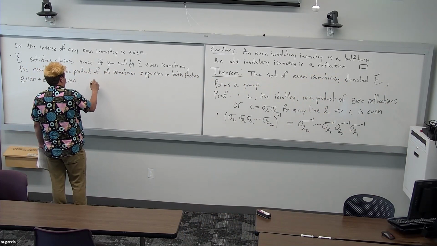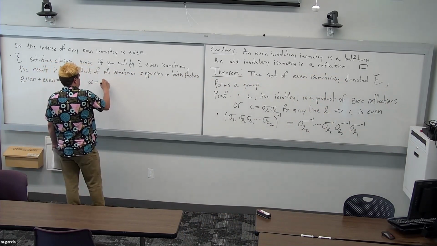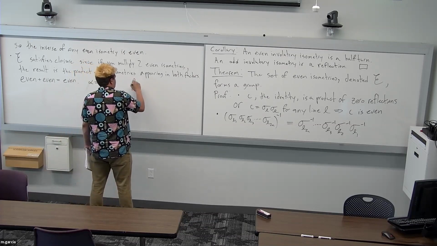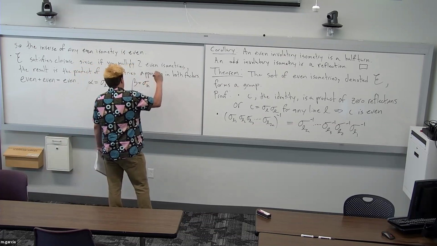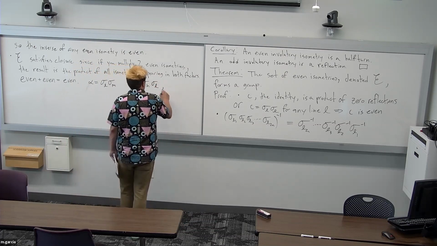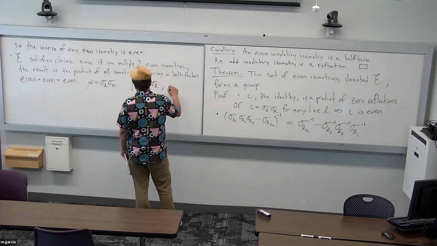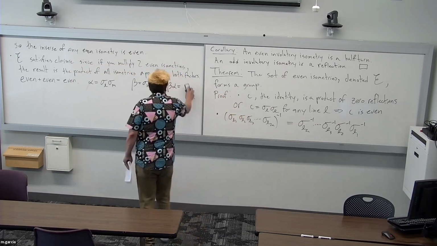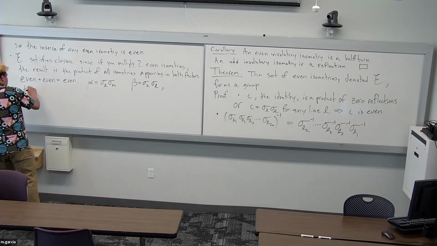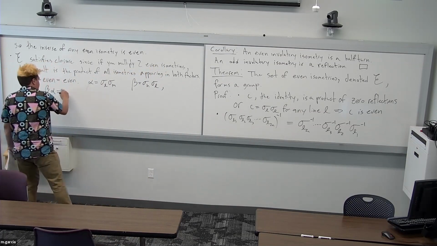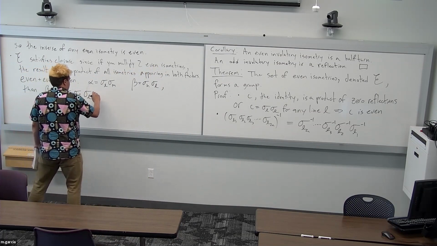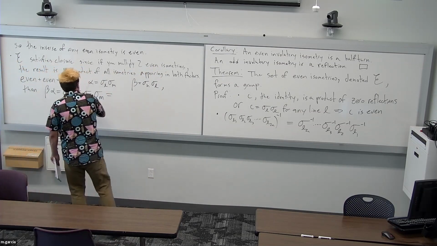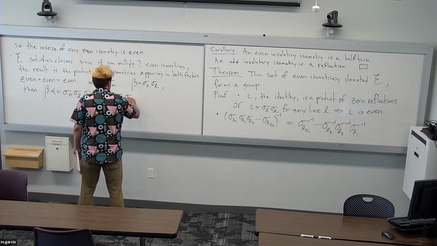Let's say I have isometry alpha equal to sigma sub L, sigma sub M, and beta equal to sigma sub N, sigma sub L. And then I take the product, beta alpha, which is sigma N, sigma L, sigma L, sigma M. Now, of course, since the reflection is involutive, I drop the sigma L, sigma L, right? So I end up with sigma N, sigma M.